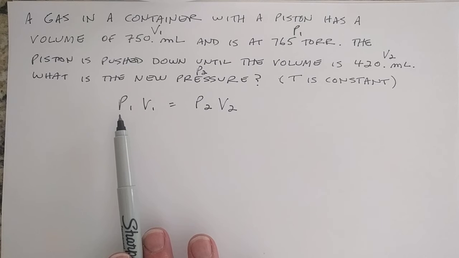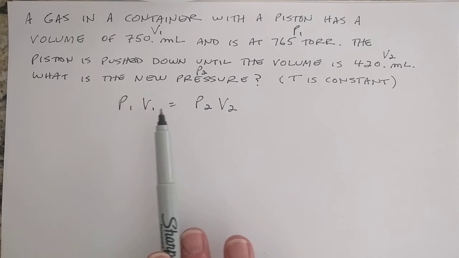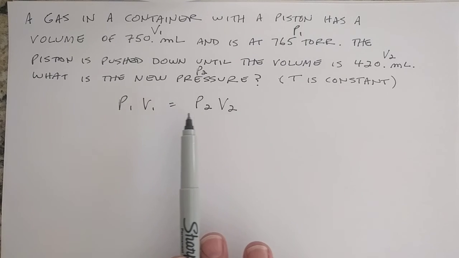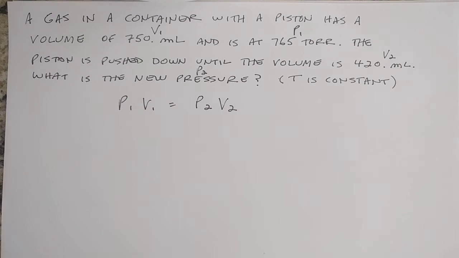So if pressure is in millimeters of mercury, then it has to be in millimeters of mercury here. If volume is milliliters, volume has to be milliliters. So it doesn't matter what our units are, they just have to be the same on both sides of the equation.